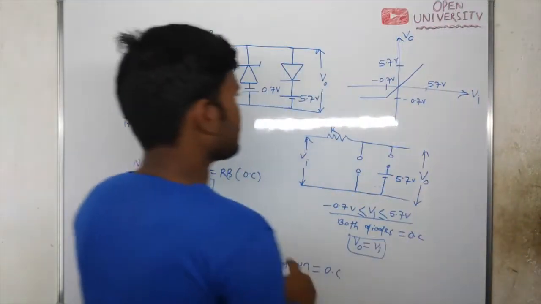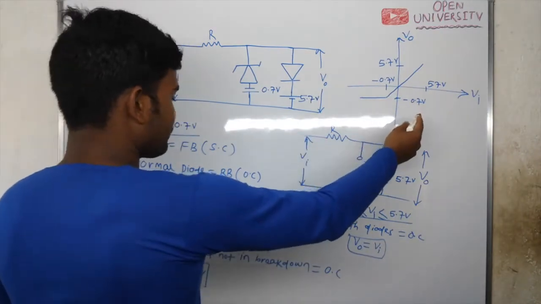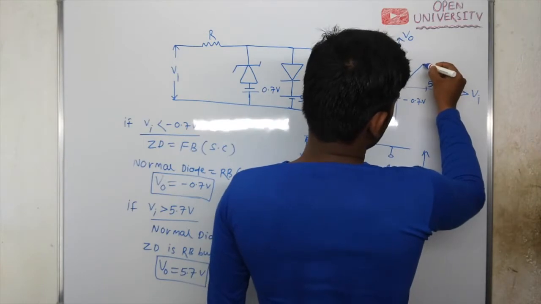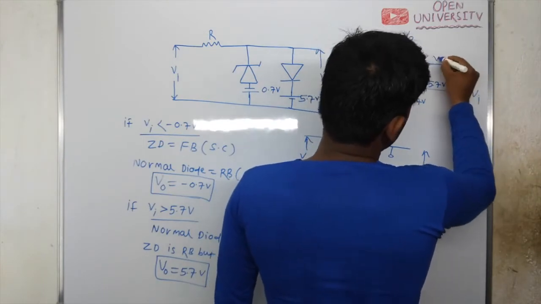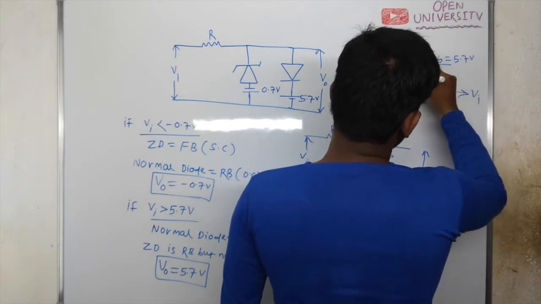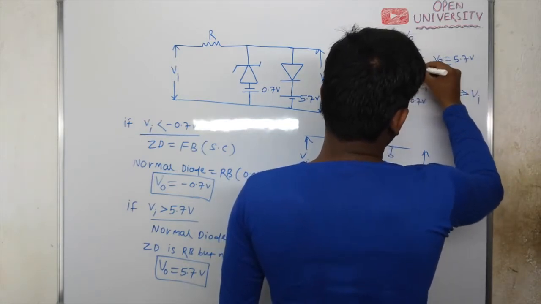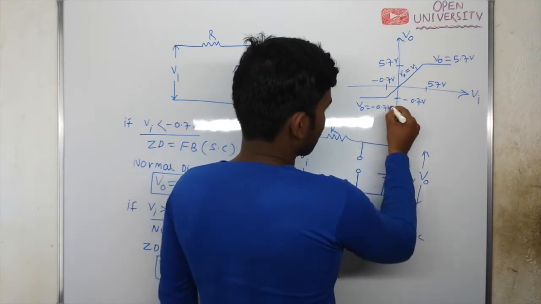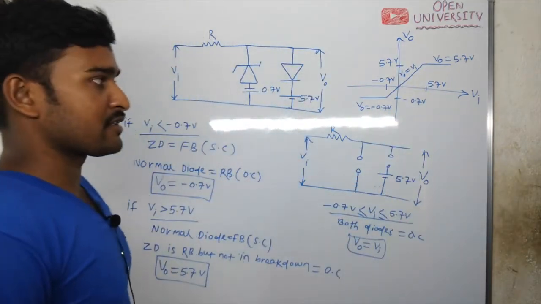Now if input voltage is greater than 5.7 volt, output voltage equals 5.7 volt. So this is V naught equal to 5.7, this is V naught equal to Vi, and this is V naught equal to minus 0.7 volt. This is your transfer characteristics.